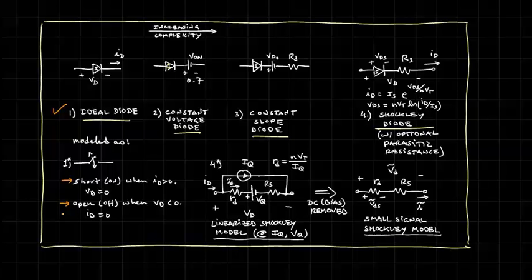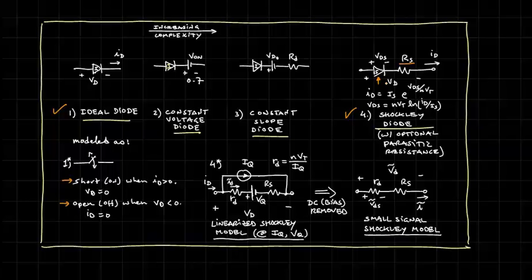The next one that we talked about is the Shockley diode model. Here I show the Shockley model that includes a series resistance RS. The voltage across the Shockley diode, remember I put a little S there to show that the VI of that diode is modeled by the Shockley equation.